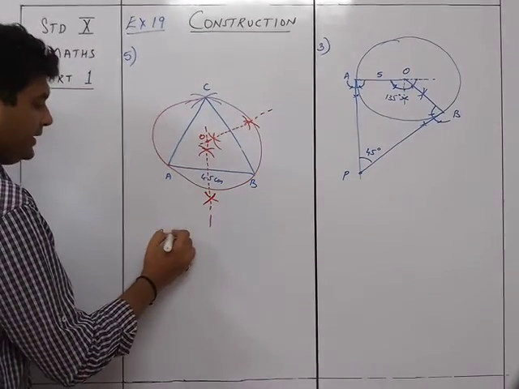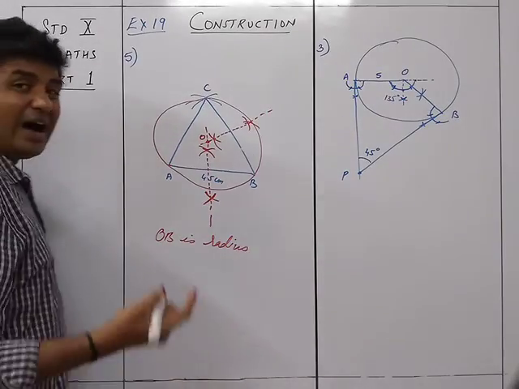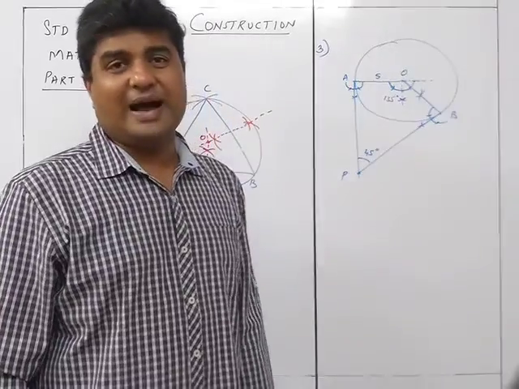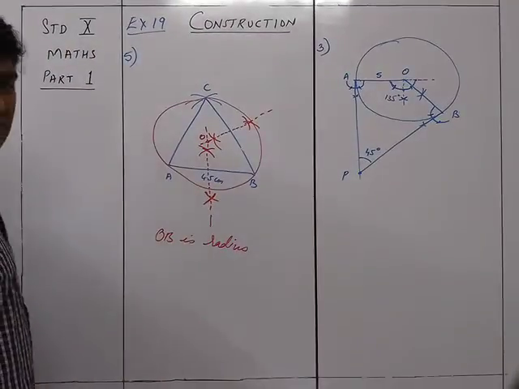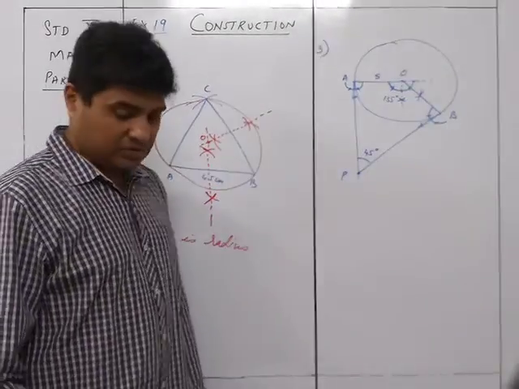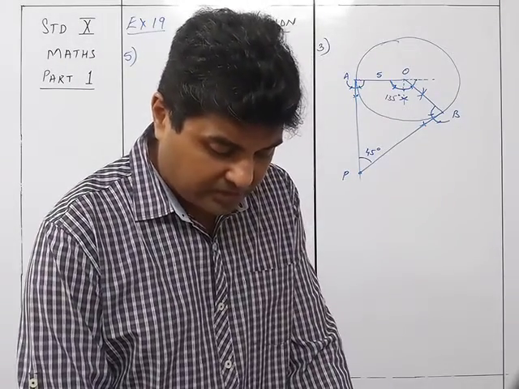So OB is the radius. Now let's see whether they have asked us any question regarding this. They asked us to measure the radius of the circle. So we can measure the radius of the circle and just write it down. I am not sure about the answer, because there is no calculation possible in this case.